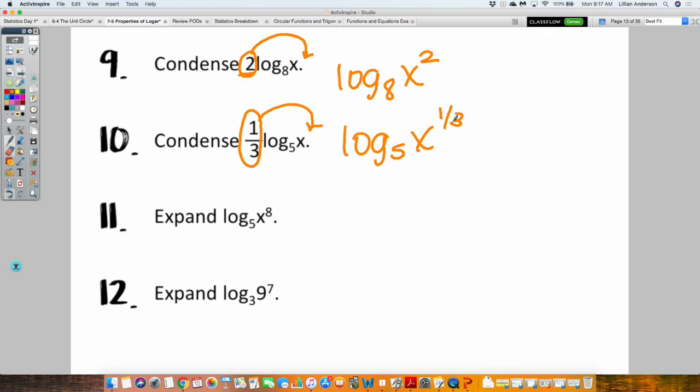To expand, you go the other way. You have an exponent, so you have to bring it to the front. So this becomes 8. And then the 12 becomes, you can't simplify number 12.